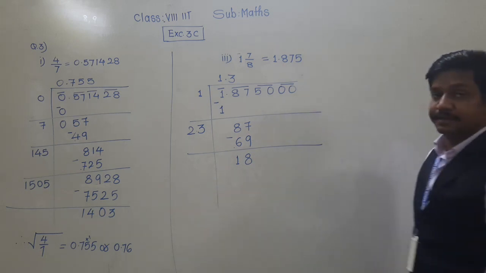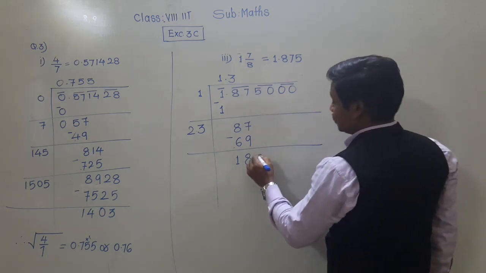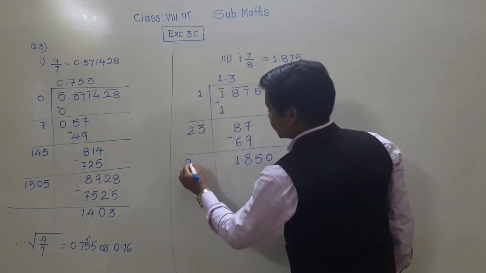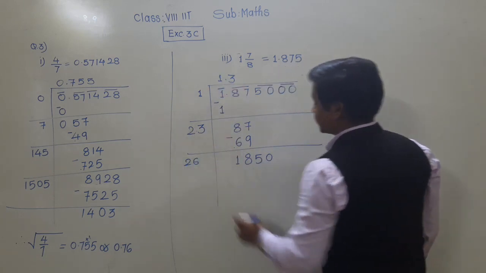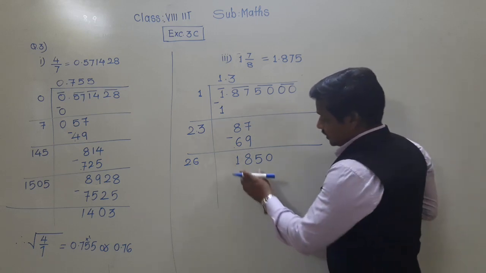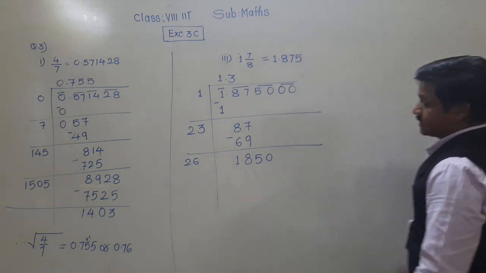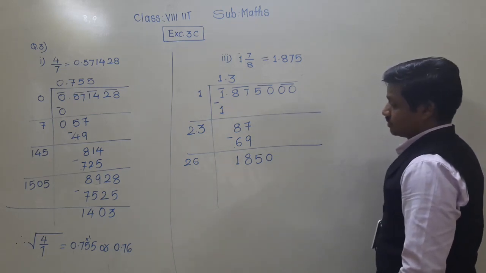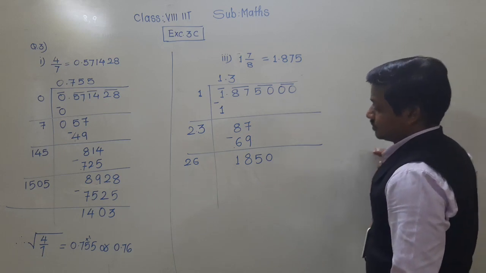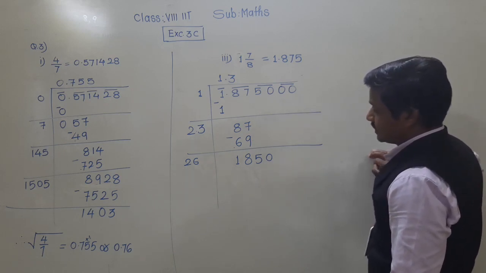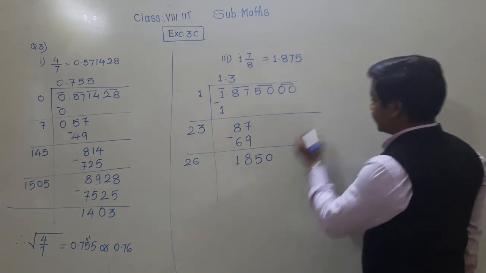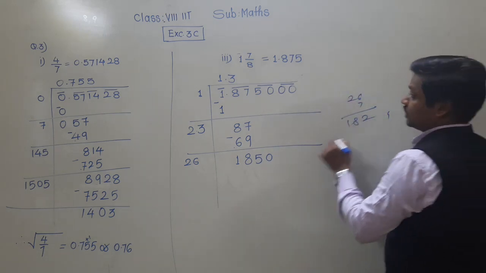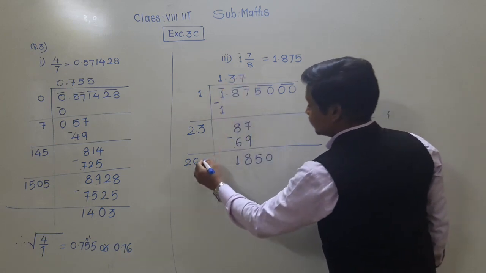Okay, 80. Now take the next group down. And 23 plus 3, 26. Fine. Now if you divide your 185 by 26, 26 sevens are 182.